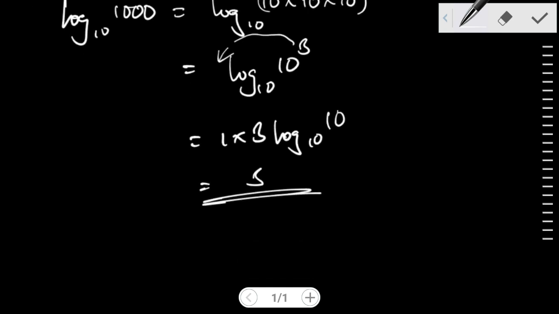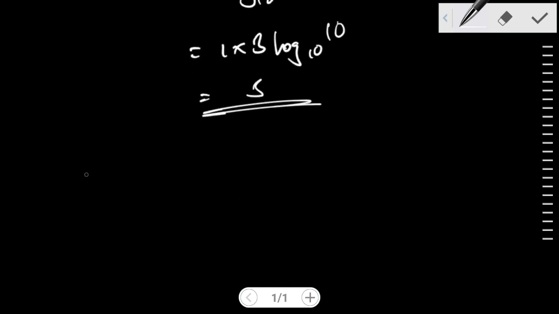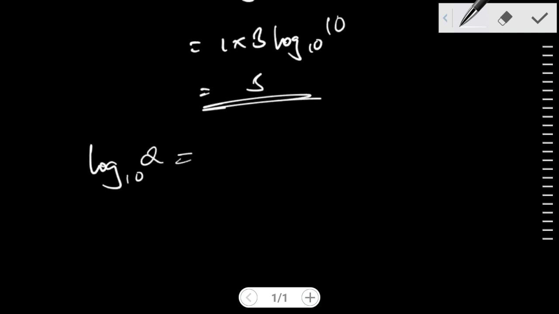If I have, for example, log base 10 of 2, what power can I give 10, the base, to get 2 in this case? This would be 0.3010.